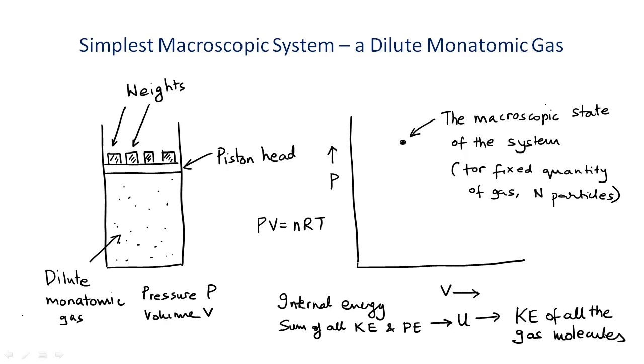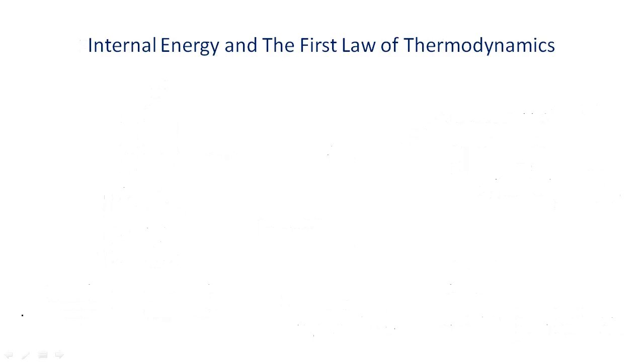In our system, an ideal monoatomic gas with n particles, the internal energy U is equal to n times the average kinetic energy of each particle.